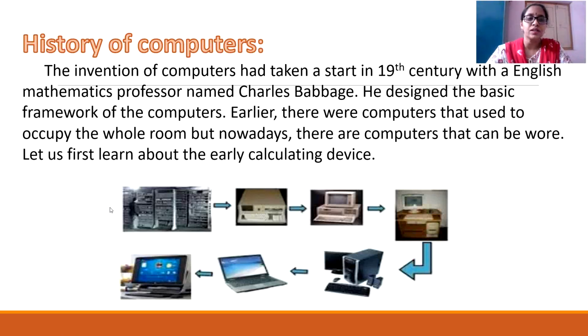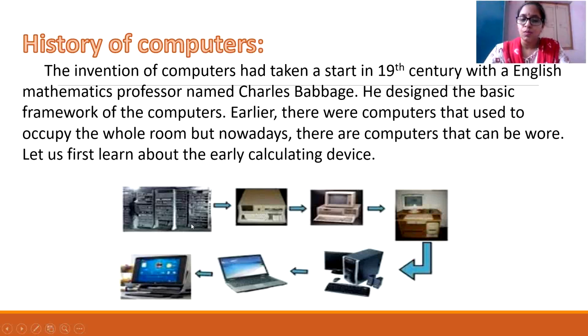Let us first learn about the early calculating devices. Here is the diagram that will help you to understand the development of the computer system. The first one is the computer fixed in a room.